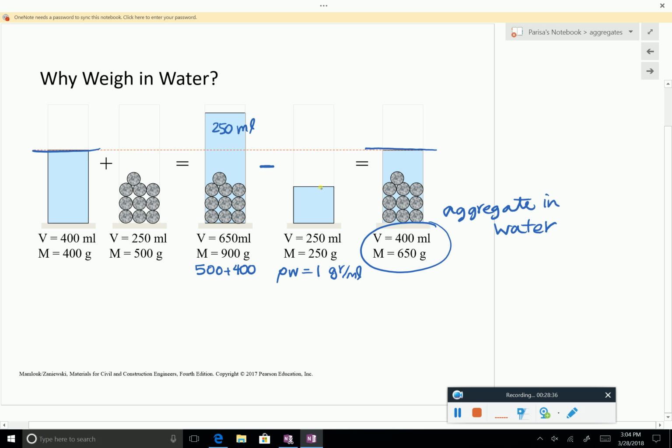If you remove that, then you have the same volume that you started with. But now you have water and aggregates together, and you can weigh it. So look at the masses now. We started with 400 grams of water and 500 grams of aggregates. If you put aggregates inside water, you get 900, of course. And we remove 250 and we end up with 650.